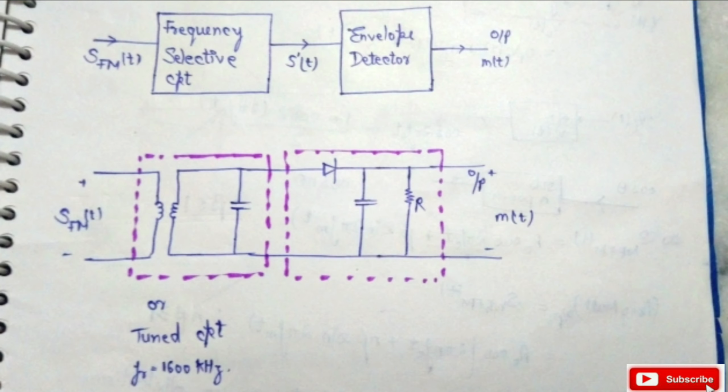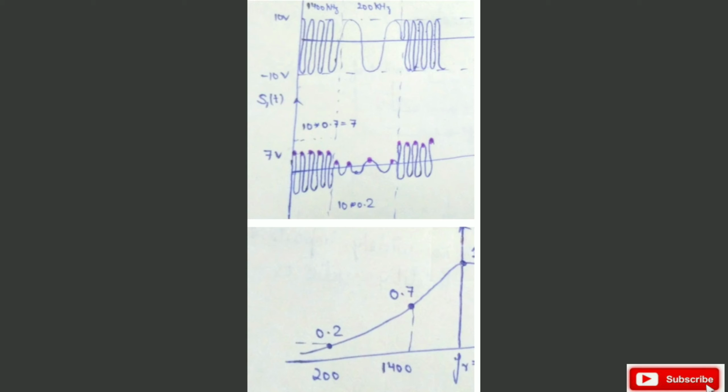In this figure, it is clear that the resultant frequency modulated signal passes through the frequency selective circuit. So the third wave is multiplied by the gain characteristics of the tuned circuit. In the resultant frequency modulated signal, let us assume that the high frequency is 14 kHz and the low frequency is 200 kHz.